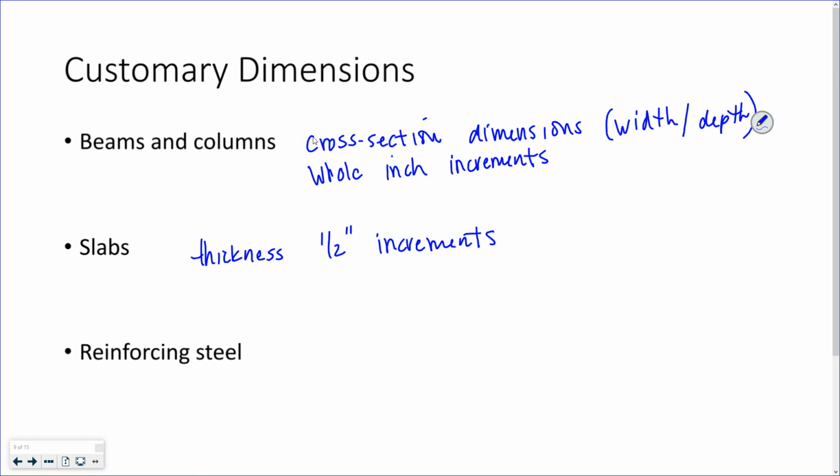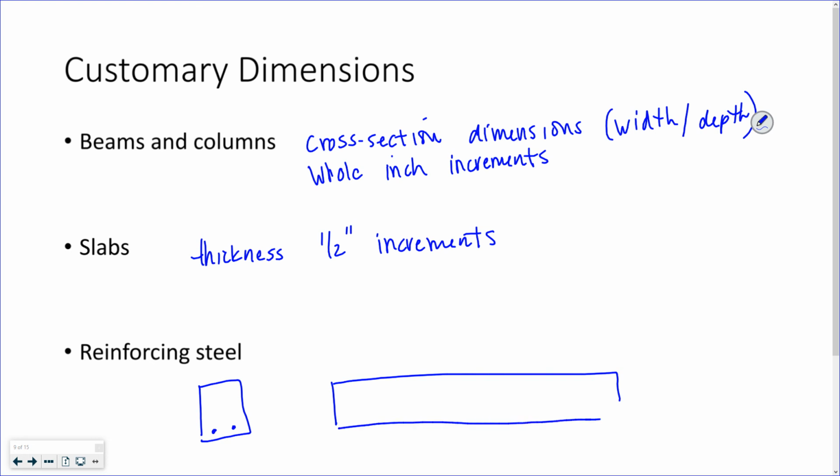And the length of the reinforcing steel, so we're going to put these long bars in our concrete, right? Let's draw a little cross section. Here's a little cross section, and those are our little reinforcing bars. And then if you look at it along the length, you have these reinforcing bars.